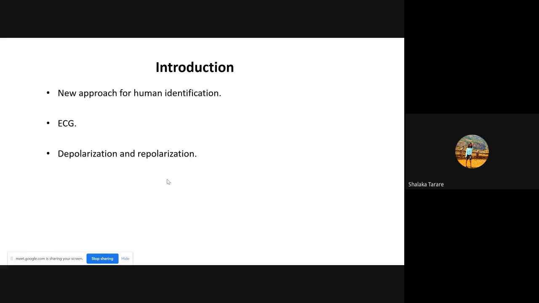So, what is ECG? ECG is a method to measure and record different electrical potentials of the heart. Electrocardiography is the process of producing an electrocardiogram. It is a graph of voltage versus time of the electrical activity of the heart using electrodes placed on the skin.